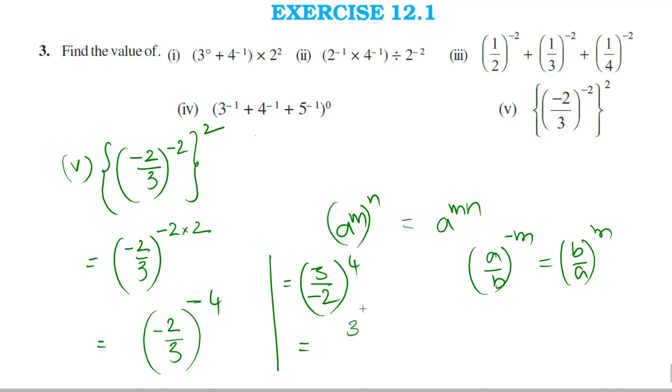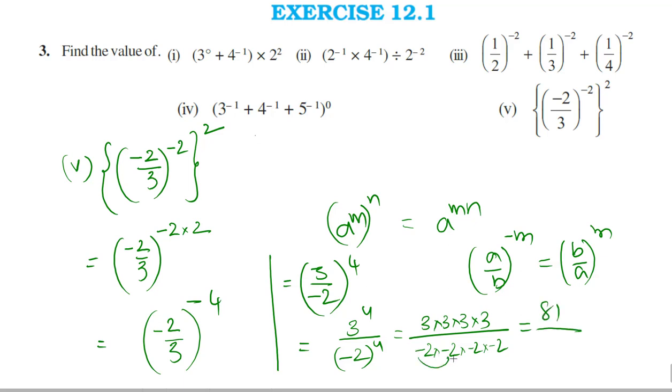So this is equal to 3 to the power of 4 divided by negative 2 whole to the power of 4. This is 3 times 3 times 3 times 3 divided by negative 2 times negative 2 times negative 2 times negative 2. 3 times 3 is 9, 9 times 3 is 27, 27 times 3 is 81.